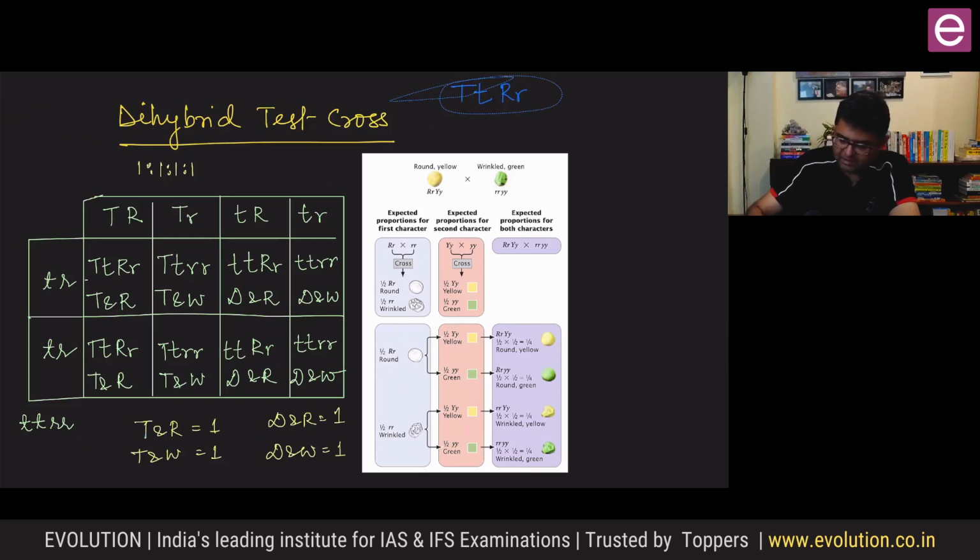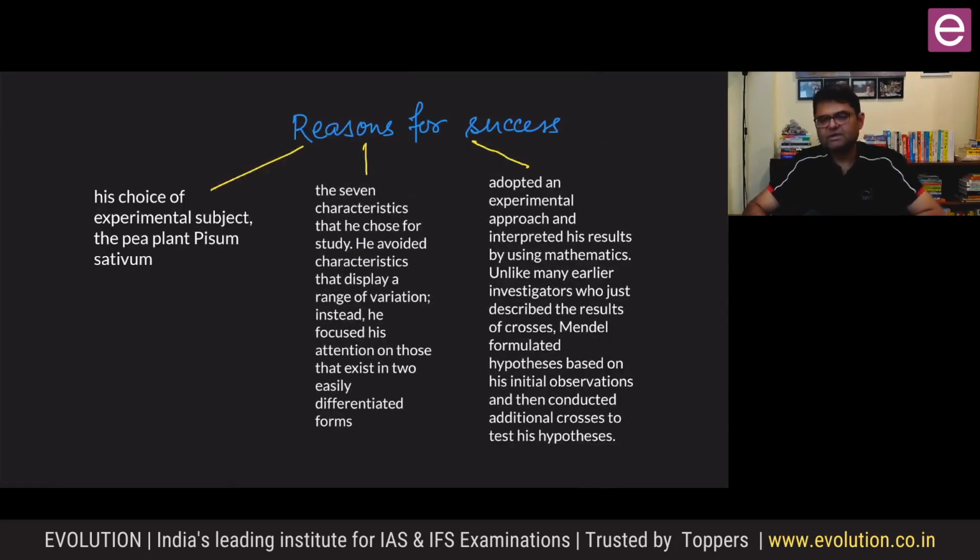Mendelian experiment. Okay. Now there were 3 reasons for Mendel's success. Number 1, his choice of experimental material, because we have seen there are 6-7 advantages that it offers. Then the 7 characteristics that he chose, because these 7 characteristics were very clearly producing only 2 contrasting traits, no third, and fourth.